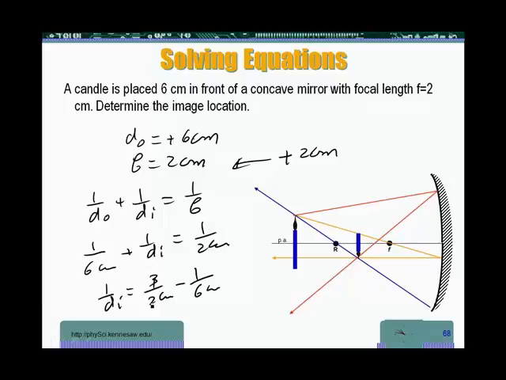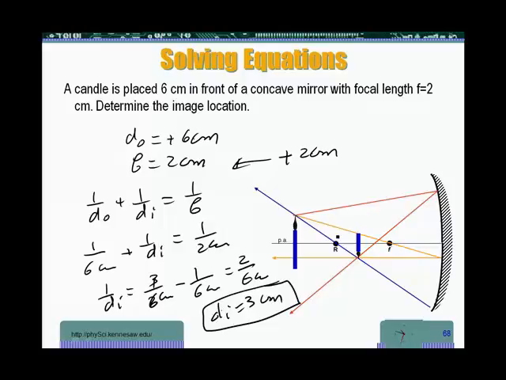Putting in the same denominator, that makes 3 over 6 minus 1 over 6, so 2 over 6 per centimeter, and that makes di equal 3 centimeters. And you notice that we obtain a positive 3 centimeters. So what this tells me is my image is 3 centimeters from the mirror, between the focal length and the center of the mirror, like in the image here.